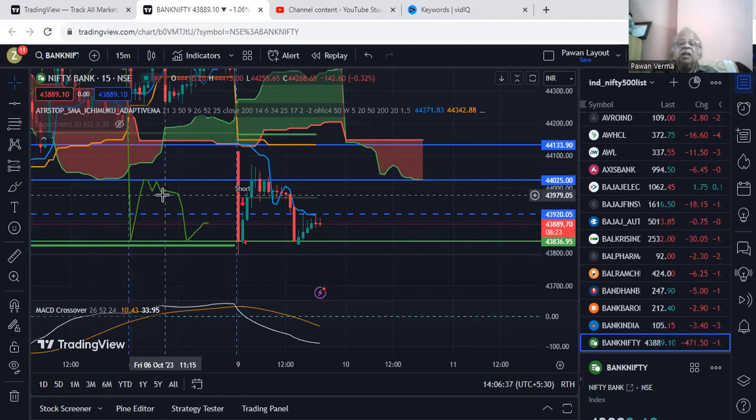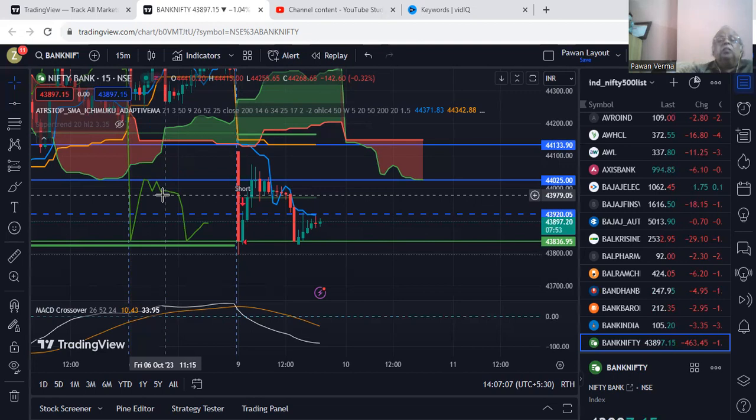So unless and until the stock is traded above 43,920, one should not enter into the trade. Thereafter, we will get the first resistance at 44,025, where one should exit 75% of the position. Because the overall trend is bearish. Overall trend is bearish.